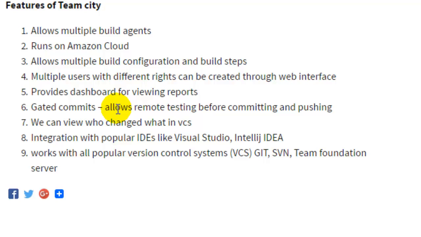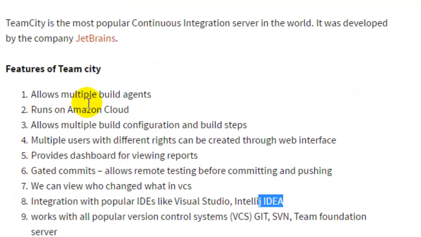We can also create charts, and it integrates very well with version control systems like Git, SVN, etc. We can also run builds for projects developed in Visual Studio, IntelliJ IDEA, and any other IDEs like Eclipse. So it's very versatile and the most popular continuous integration server in the market today.